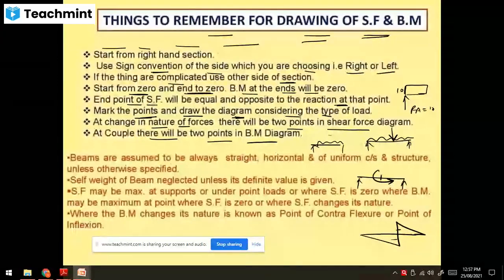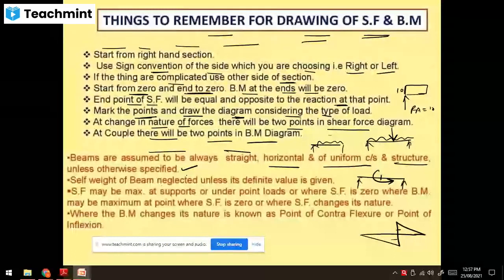Beams are always assumed to be straight, horizontal, and of uniform cross section in the structure unless otherwise specified.